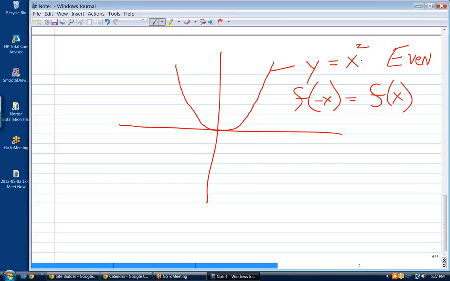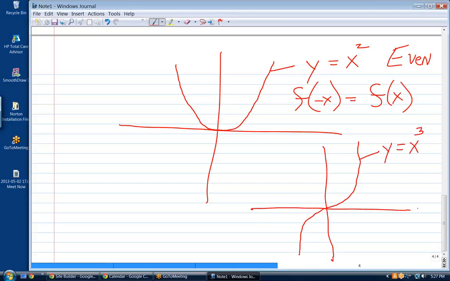I get y equal x squared. The definition of an odd function, and what I use for my odd function is y equal x cubed because it has an odd exponent, is f of minus x equals minus f of x.